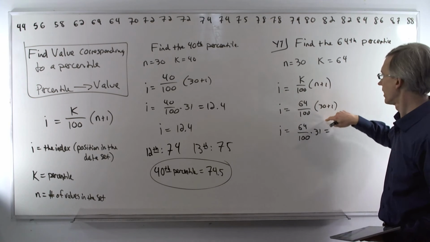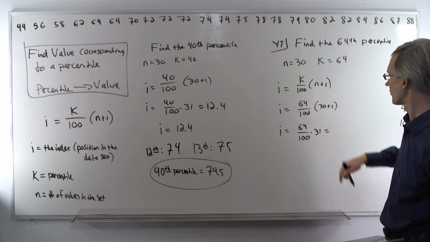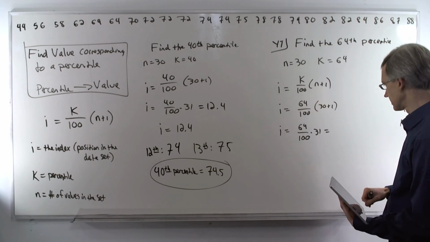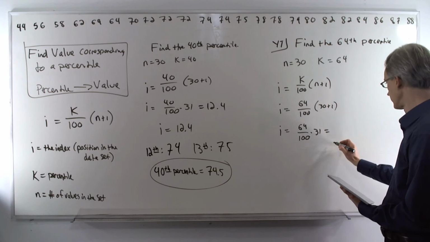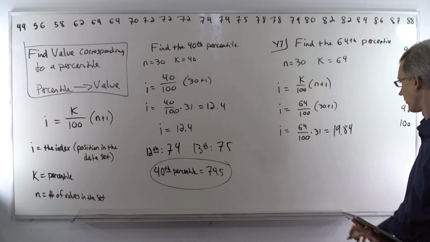So plug it in: 30 for n, just like last time. This time it's the 64th percentile, so 64 for k. So we have 64 over 100 times 31, and that gives us 19.84.